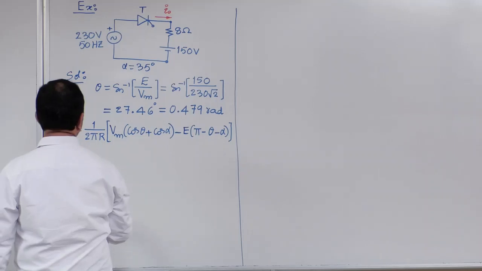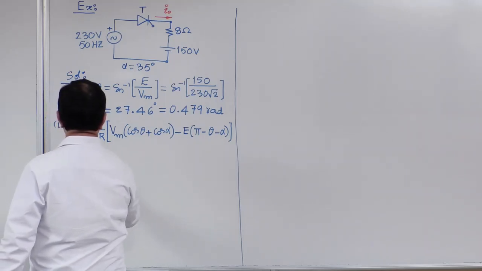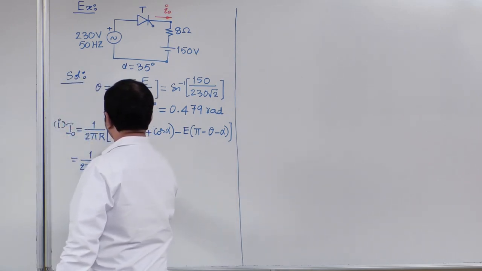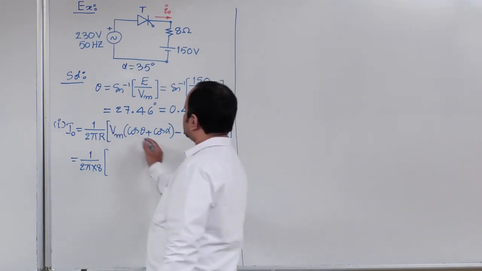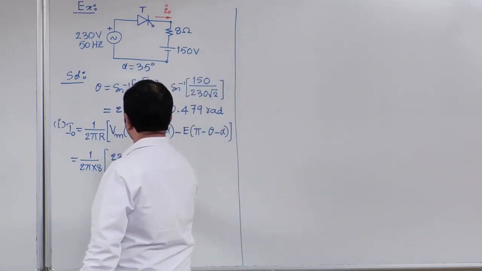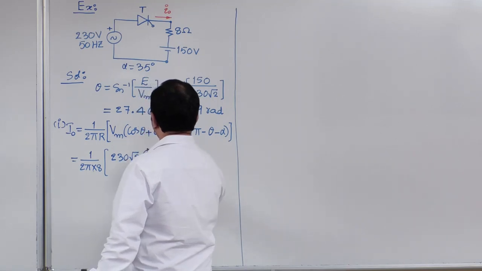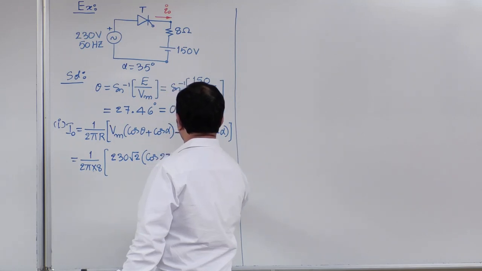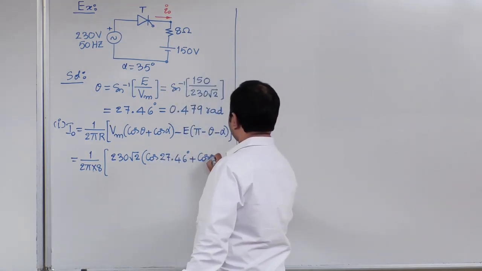Now substitute these values. So that is 1 by 2 pi multiplied with 8. Okay. Next, source voltage peak value Vm is 230 into root 2 into cos 27.46 degree plus cos 35 degree.